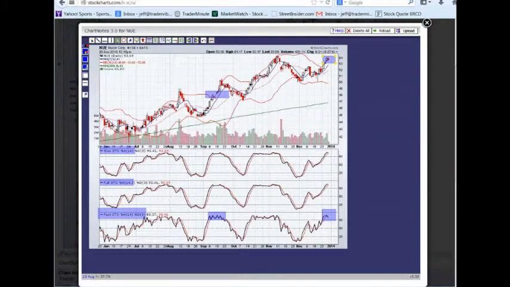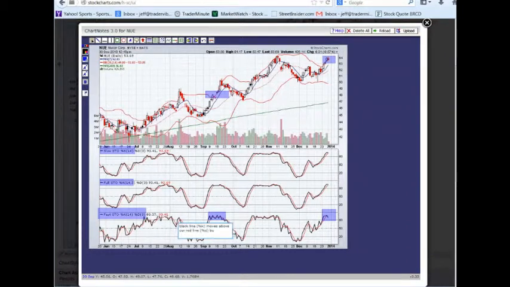And then one of the ideas that stochastics users will have is they'll say, hey, when the black line, our percent K, moves above our red line, or our percent D, we buy.